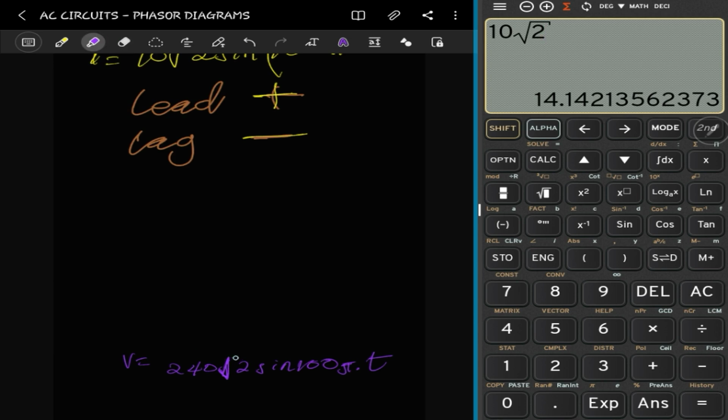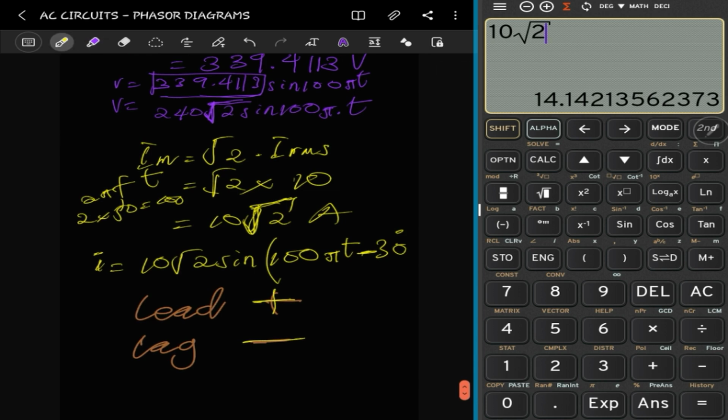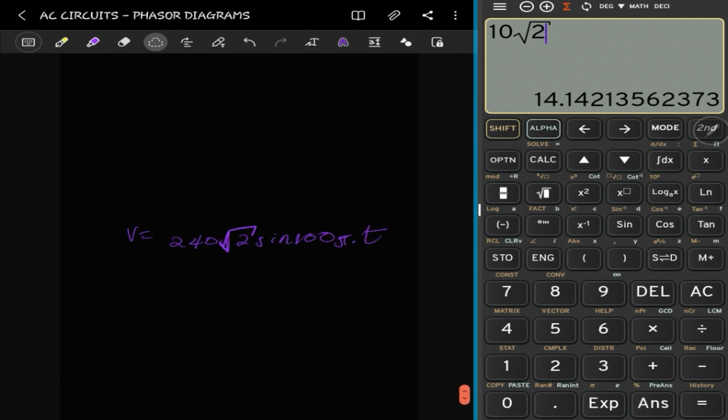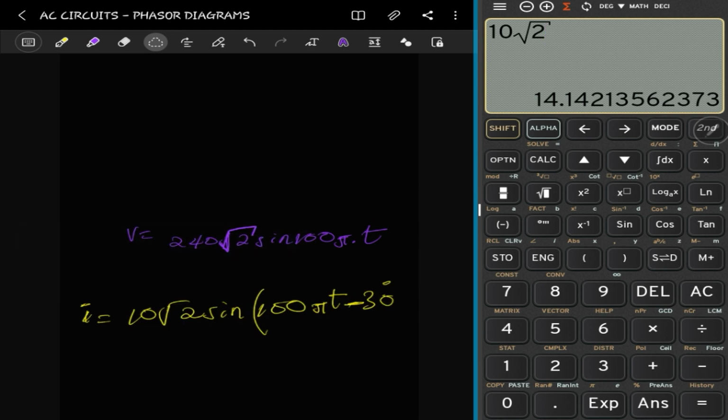The root is just to the 2. The sine is not affected by the root. And then we have the current, with the phase difference showing very clear. You see, their peaks are different.